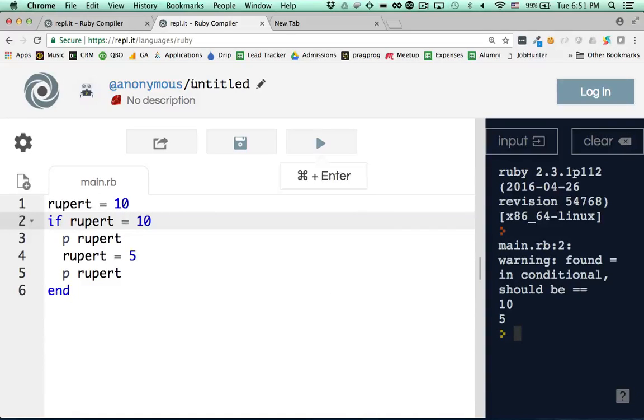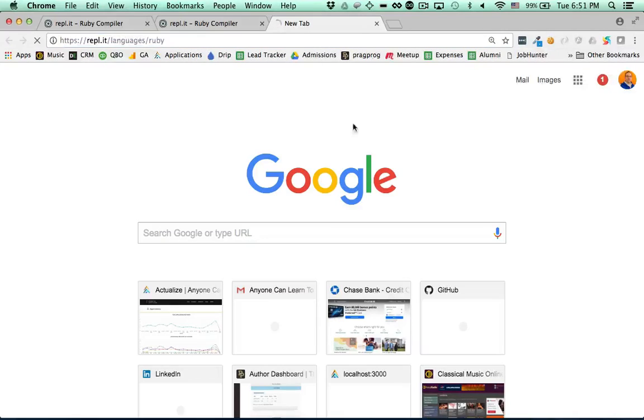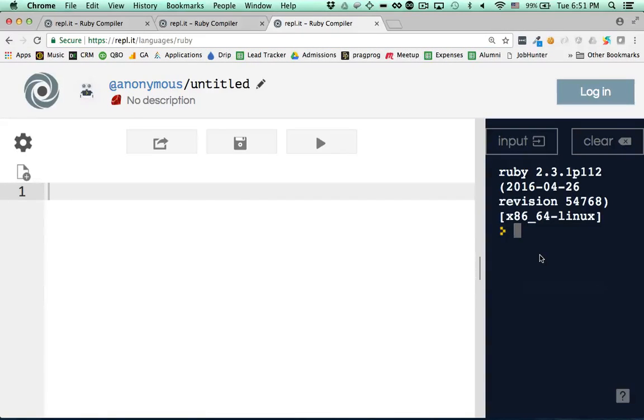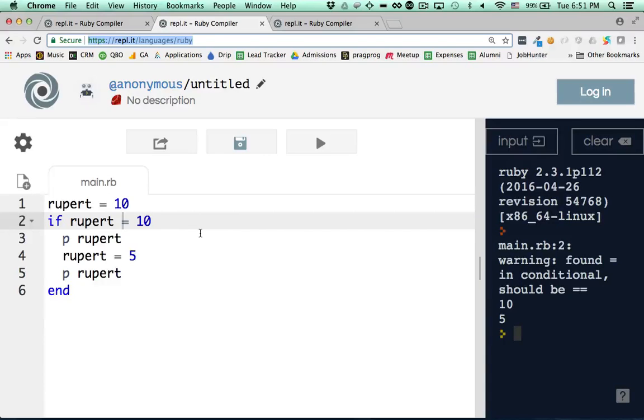Let me just check something. I'm going to decline to answer that right now because it's complex. So it is the wrong way to write it. You see we get this warning, but it's complicated for right now, but it's a good question. You know it's a good question if I decline to answer it. That means it's more advanced than I want to get to right now, but it's a really good question.